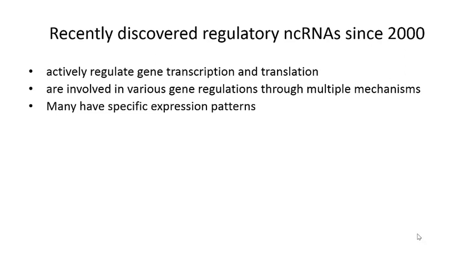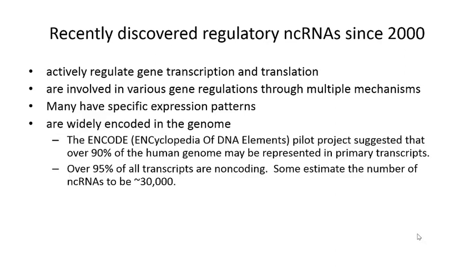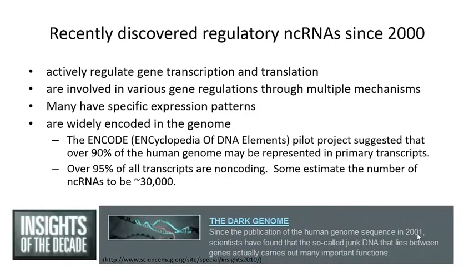Also, the existence of non-coding RNAs is widespread in the genome. The American ENCODE project has discovered that the human genome contains not only protein coding genes, but also abundant non-coding genes. Over 80% of genomic DNA can be transcribed into RNA.